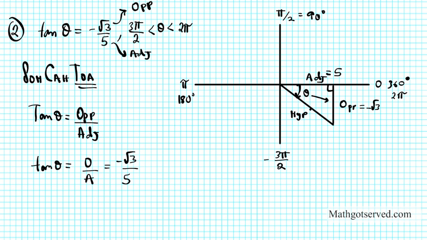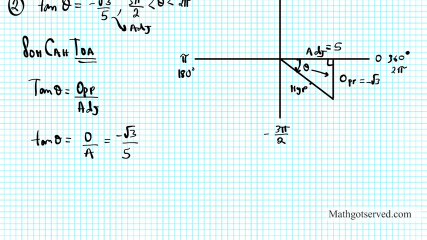Alright, so we need to find the missing side of the triangle. How do we find it? We're going to use a SOHCAHTOA variation of the Pythagorean theorem, which is a squared, the adjacent squared, plus o squared. These are the legs of the right triangle, equals the hypotenuse squared, h squared. In the Pythagorean theorem, this is a squared plus b squared equals c squared, but using the SOHCAHTOA variation, we have a squared plus o squared equals h squared.